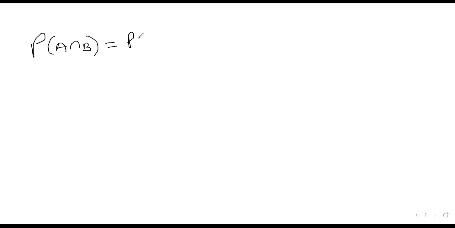The first one, you simply multiply the probability of A times the probability of B. This is the most basic formula. To intersect is simply to multiply. And the word synonymous to intersection is the word and. So whenever you hear A and B, they're asking you to multiply them or to intersect them.